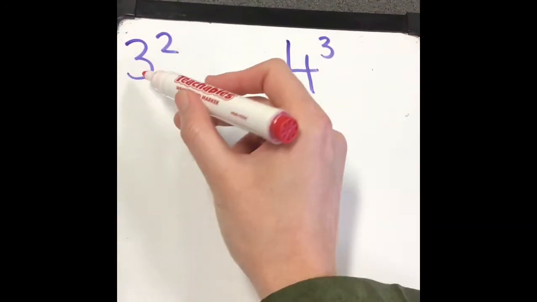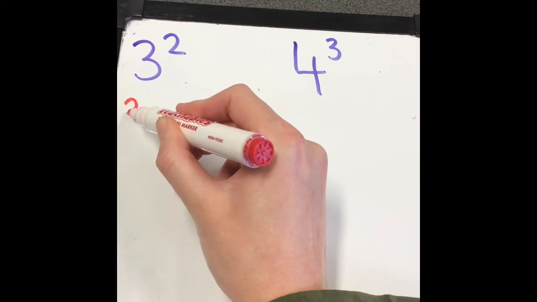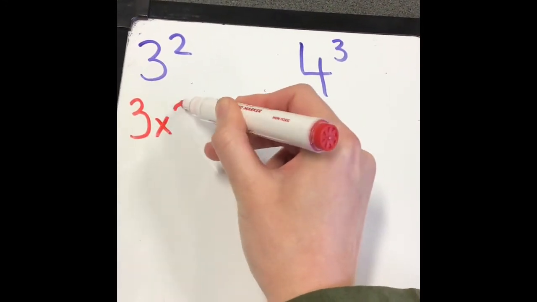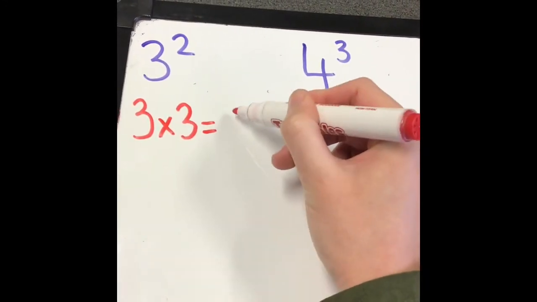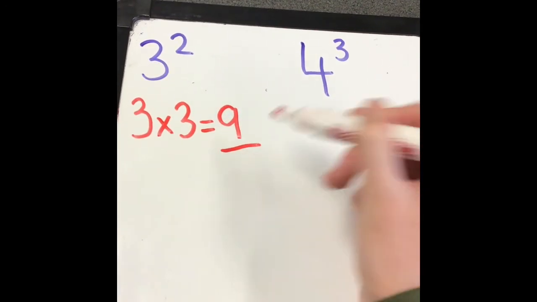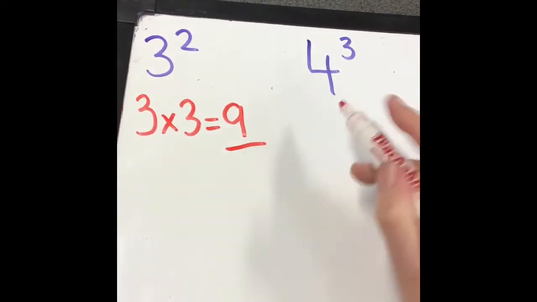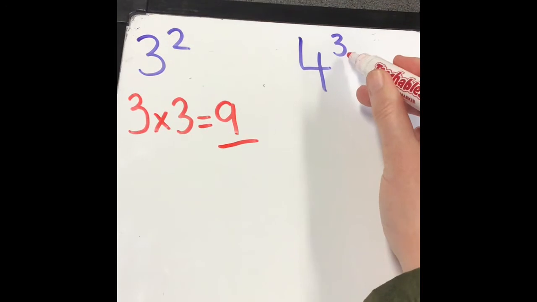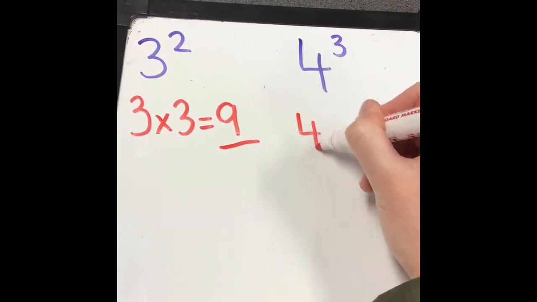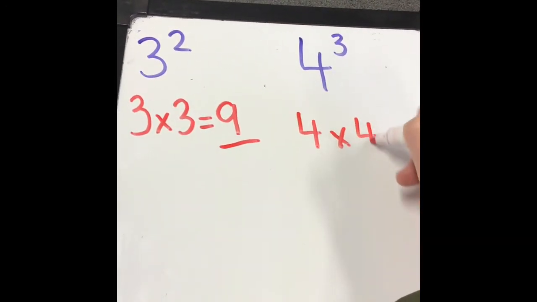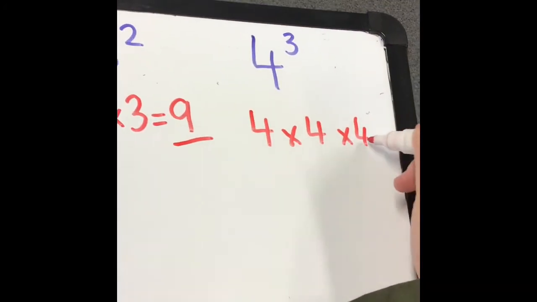Now, if we solve this one, we can expand it out and go 3 times 3 equals 9. Same thing for this one. 4 is multiplied by itself 3 times, so we can write 4 times 4 times 4.